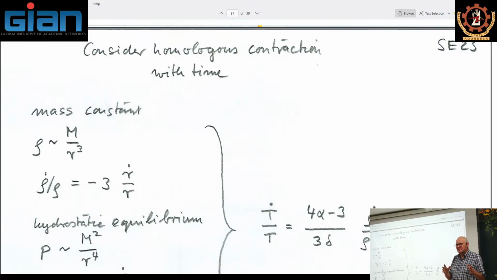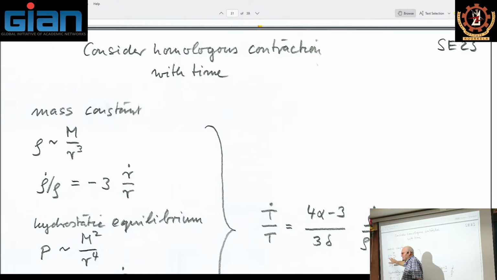So the relative structure of the star is kept constant, and quantities like density, pressure, temperature scale with the overall scaling factors. We keep, in addition, during evolution, this is not a bad assumption, the mass of our star constant. Let's illustrate what that means, homologous contraction.